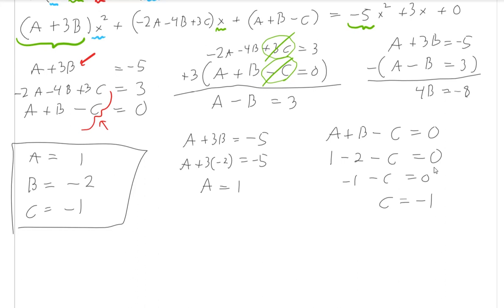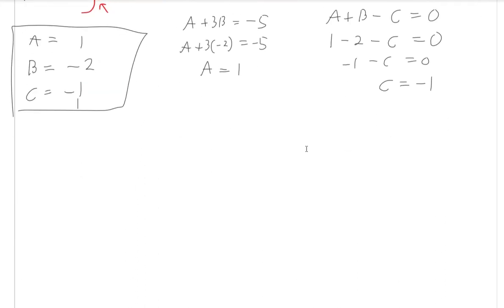Notice that it takes some work, but that's fine. Once I have all the work done, then it just takes a little bit to simplify the rest of it out. Now I have the original function, which was 3x minus 5x squared over 3x minus 1 times x minus 1 squared dx.